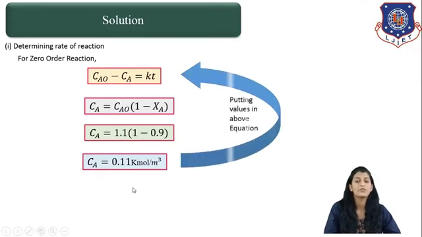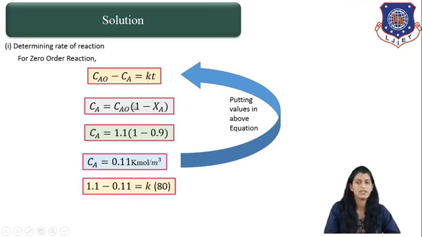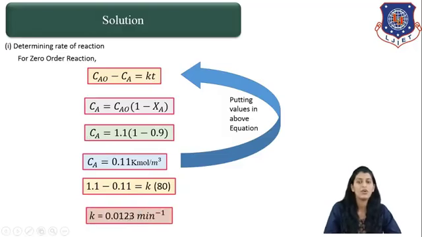Now what we need to do is, we just need to substitute this Ca value in this equation and substitute the rest of the values of Ca0 and t to get the value of rate constant or rate of reaction K. Right. So substituting values, we can determine the rate constant value, which is coming to be 0.0123 minute inverse.